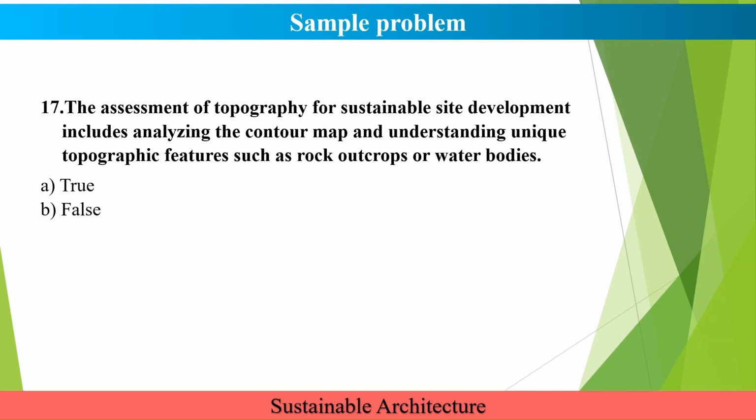What do you understand by topographic assessment for sustainability? Then you will be able to answer this question. All of you are mentioning A only, so A is the right answer.